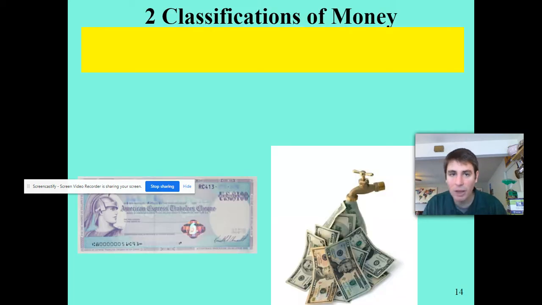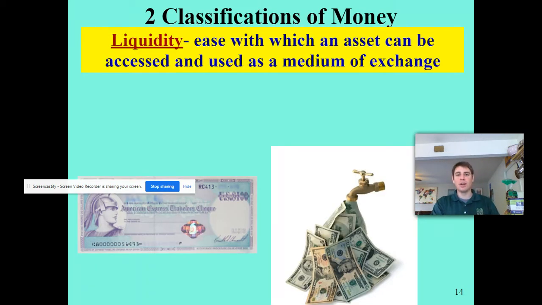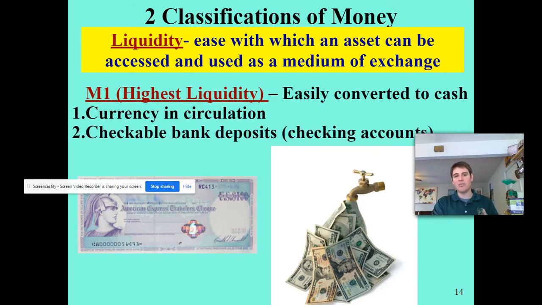All right. Two classifications of money. The classifications of money are all determined on how liquid the money is. And liquidity, how liquid it is, is really how quickly can that asset you own be converted into cash.